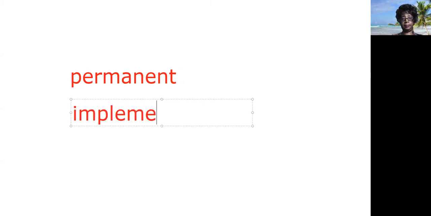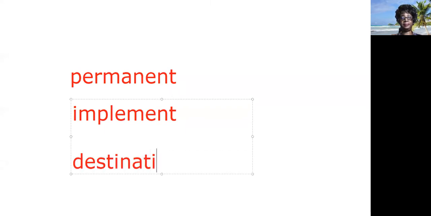Okay, the first word is permanent. The next word is going to be implement. And the third word is going to be destination. So those are your 3 words that we're going to work with as we build our vocabulary.